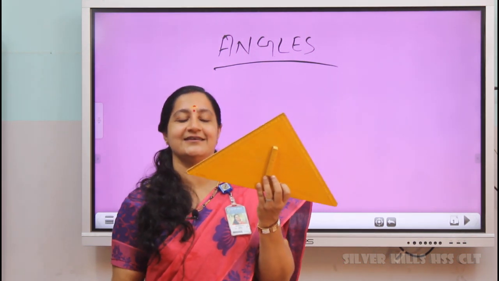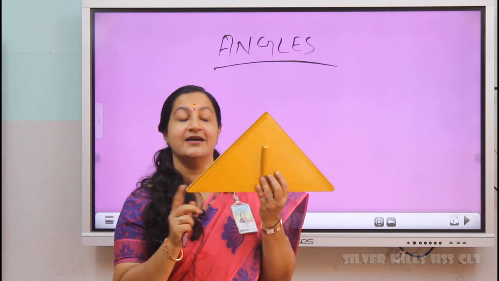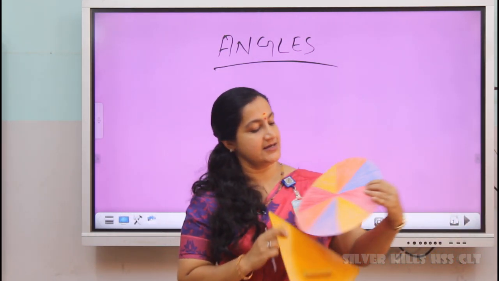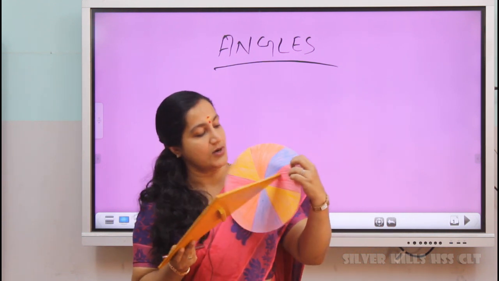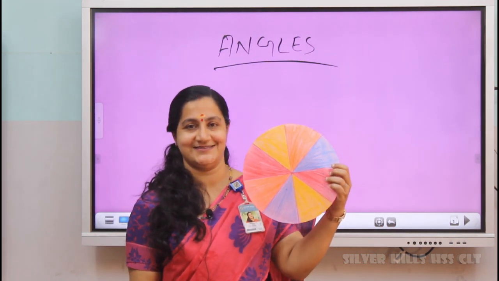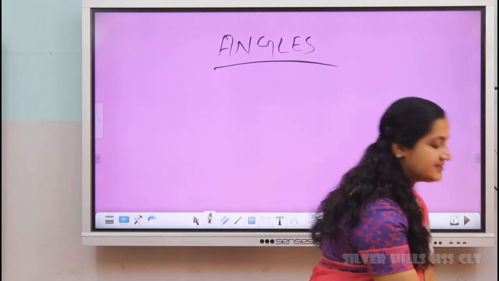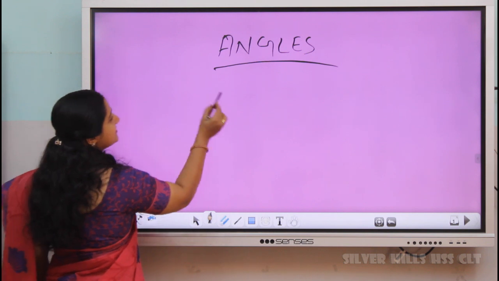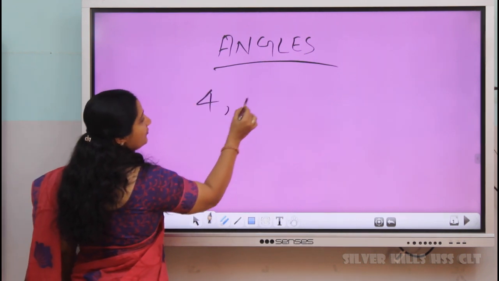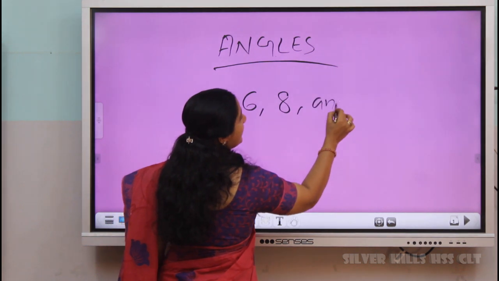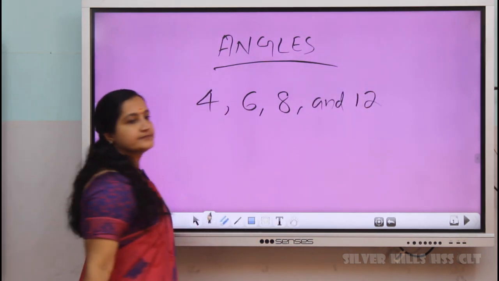Yes, correct. Using this corner, we can divide the circle into 8 equal parts. 1, 2, 3, 4, 5, 6, 7, 8. Clear? So, using the set squares, we can divide circles into 4, 6, 8 and 12.